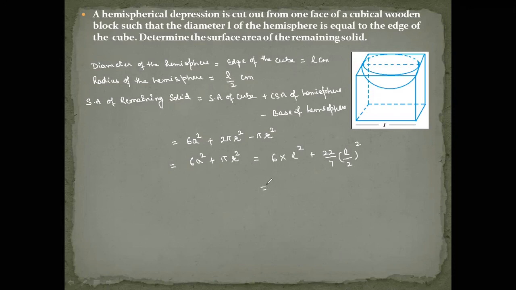So we can write it as, here l square is common, so inside it will be 6 plus pi by 4, or it can be written as l square by 4 into (24 plus pi) centimeter square. So that's it for this question.